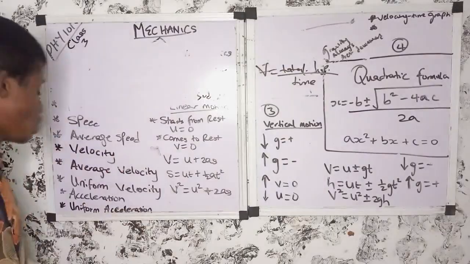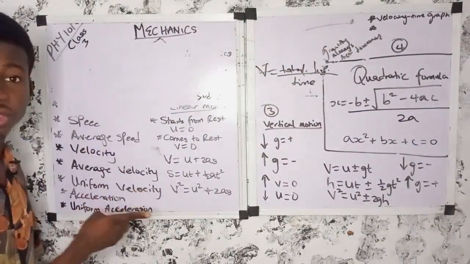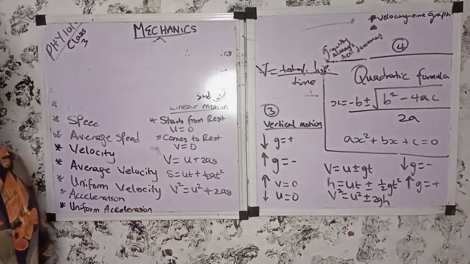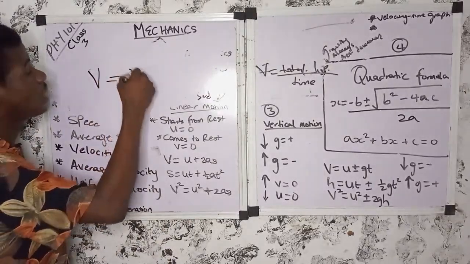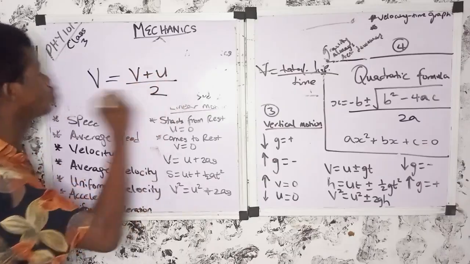Yes. Now take note. When a body is traveling in a uniform acceleration, the average velocity of that body is equal to the final velocity plus the initial velocity divided by 2.